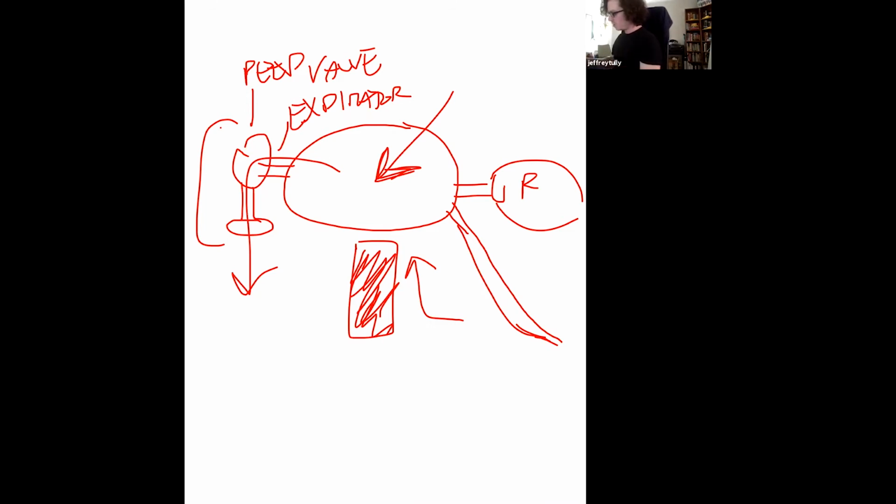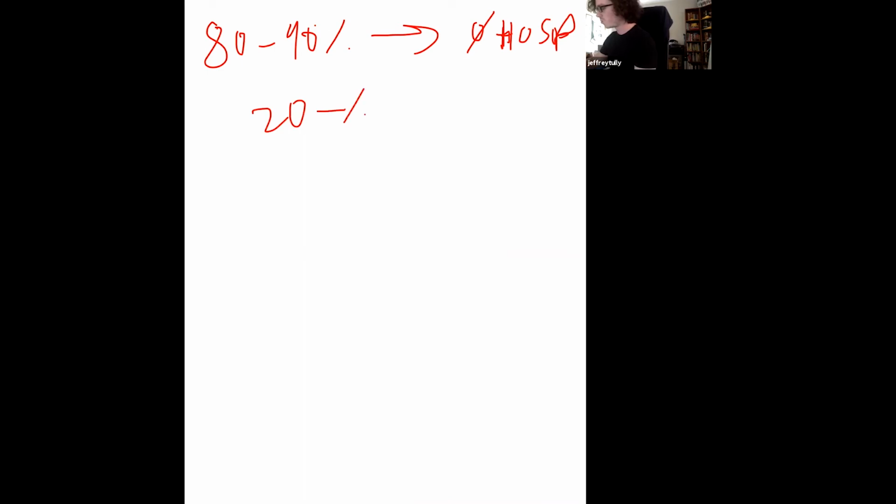There's a decent number of COVID patients who don't need hospitalization at all. And unfortunately, I think the numbers are a little bit worse than this. I think more than 20% of people present to the hospital. And of those, maybe another 50% do fine with the nasal cannula or face mask oxygen. And then of those, 50% will progress to the ventilator.